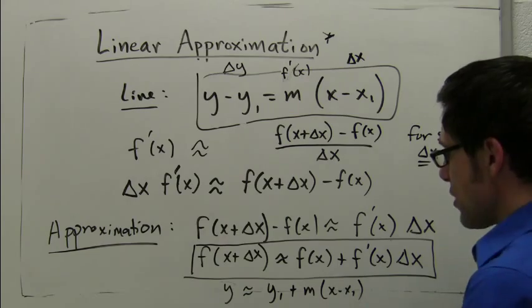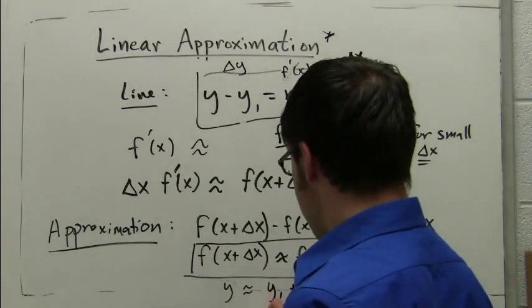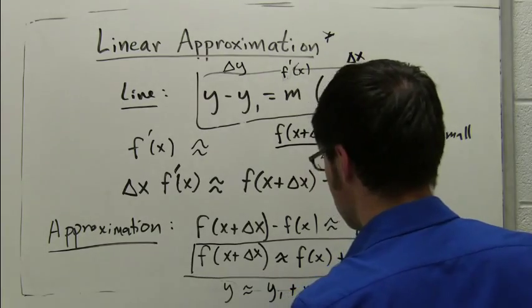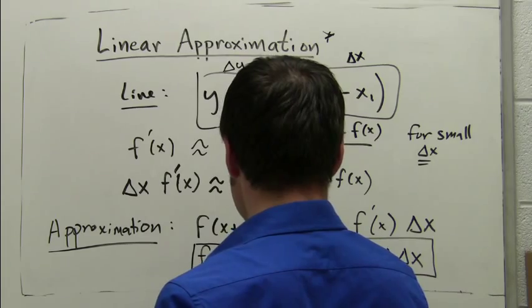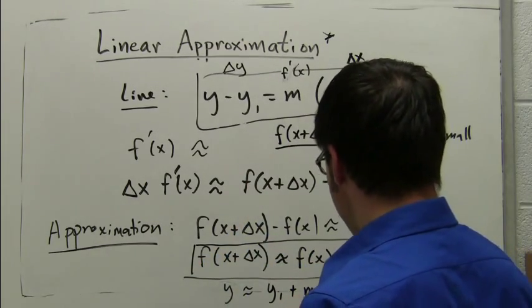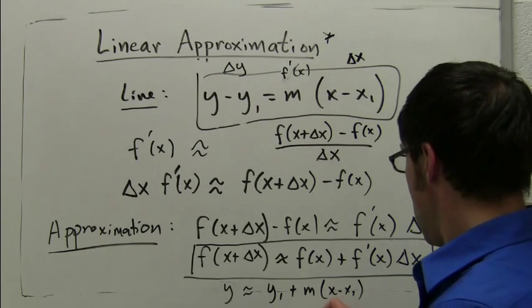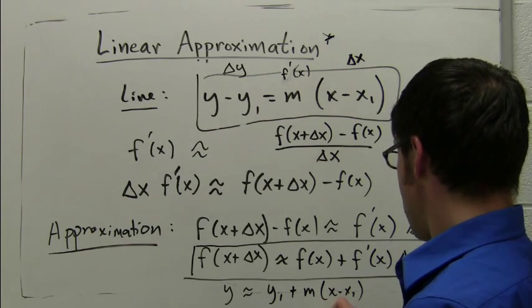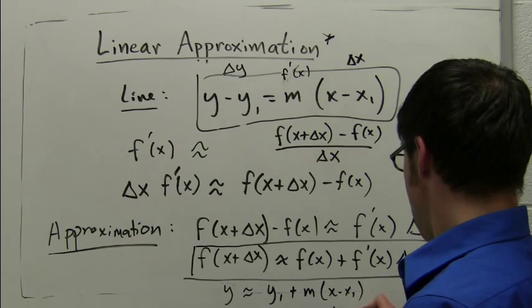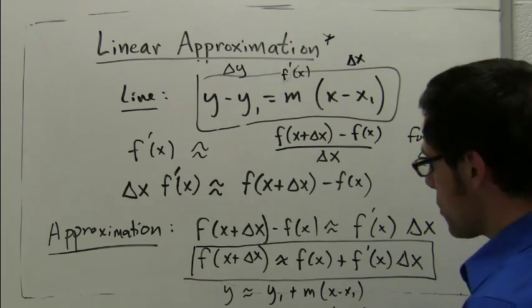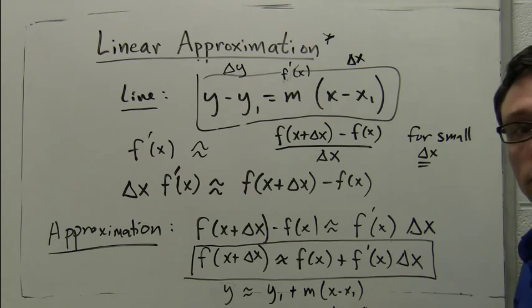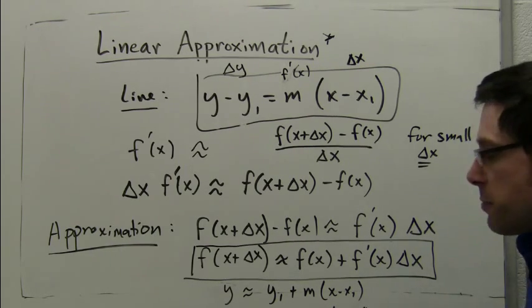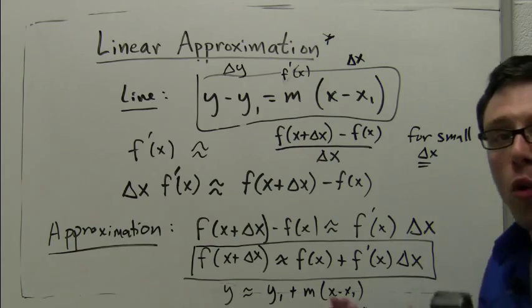And if you rearrange this again, if I multiply these things out, this is the same thing as saying y is approximately m times x minus mx1 plus y1. And what we have here is y is mx plus b. Okay, this is my b. My b is all this business down here. So this is just y equals mx plus b is all it is. That's all I've done. It's the equation of a line.